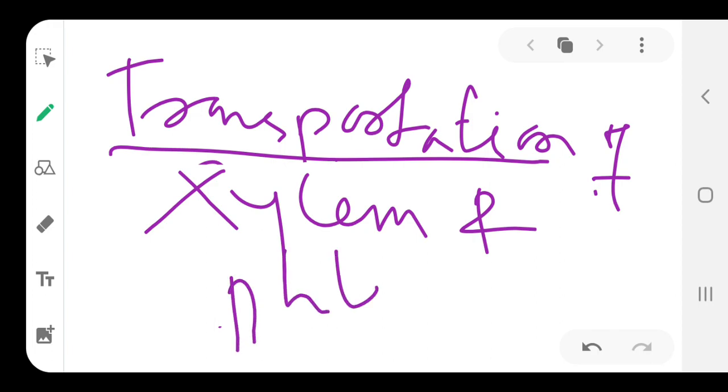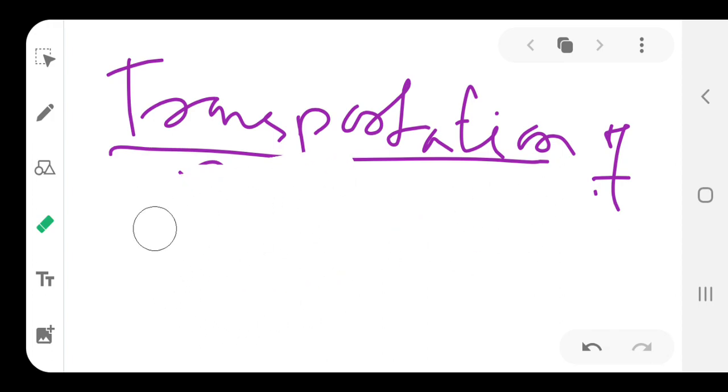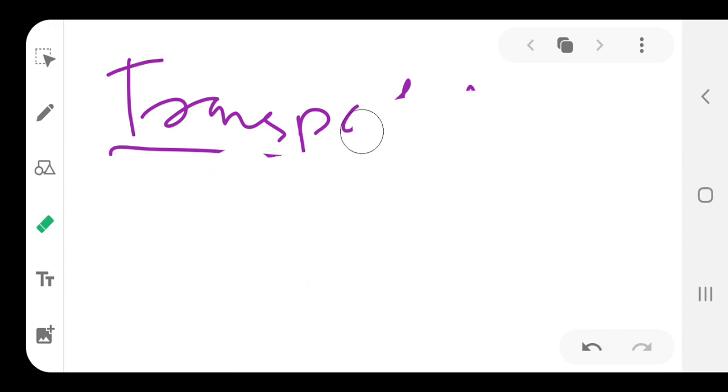These names are known to you. With these two tissues, the water and minerals as well as the food prepared by the plant is transported. So first we take up the transportation of water and minerals, and then we talk about the transportation of food.